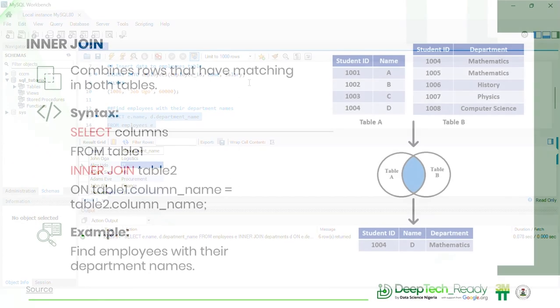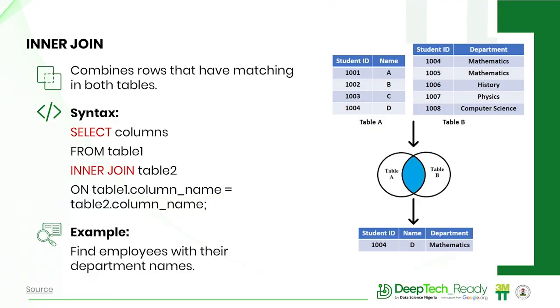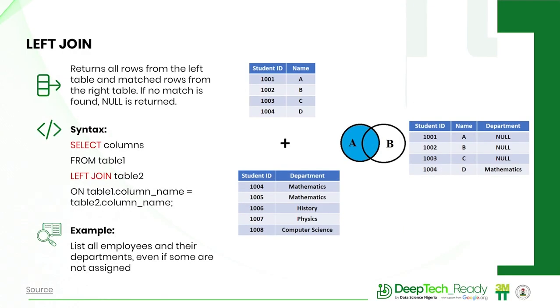Now, this leads us to look at the other type of join, which is the left join. The left join, on the other hand, allows us to return all rows from the left table and the matching records from the right table. If no matching record is found, null is returned.